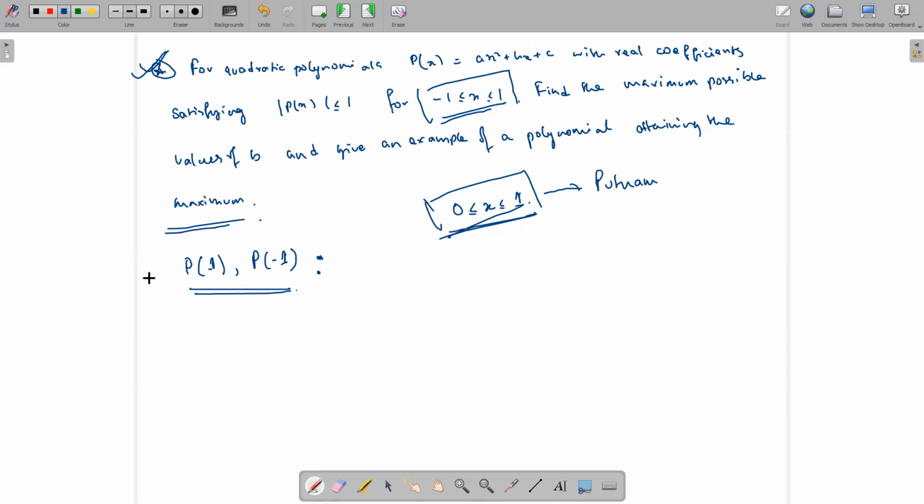And if you want something simpler, just look at what P of 1 and P of minus 1 are. You want to look at B, so try to write B in some other terms. I said it was f dash of 0. Yeah, that's also fine.